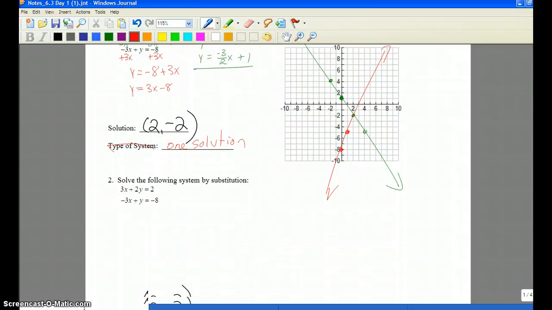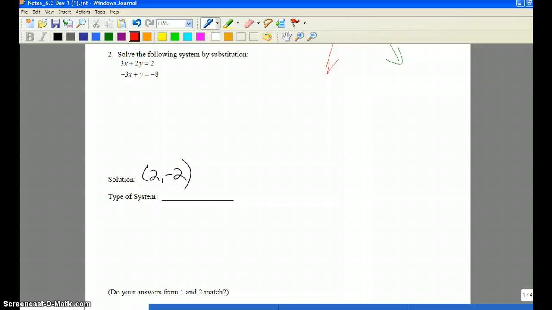Let's progress to the next one. Solve the following system by substitution. If you reference your flowchart, the first step to solve by substitution is pick one of the variables on one of the equations to solve for.